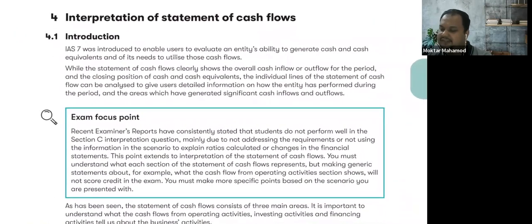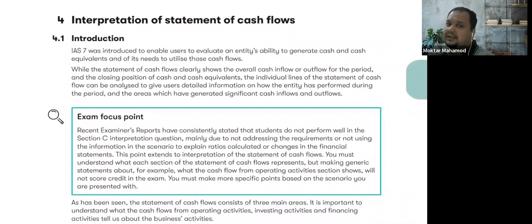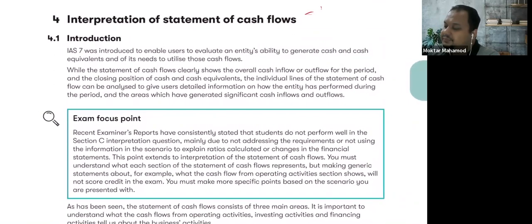Interpretation of statement cash flow. So ini the understanding is that, for example, operating cash flow selalunya mesti positive balance, because if it's negative balance, meaning that the company is not good in terms of collecting cash from its core business, sebab itu yang penting, right?